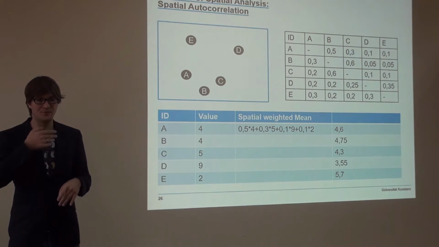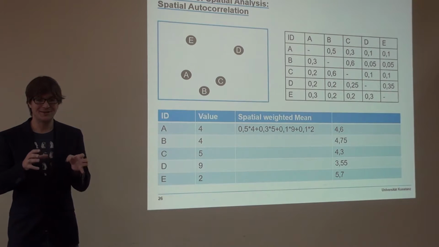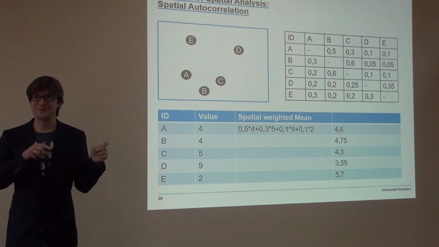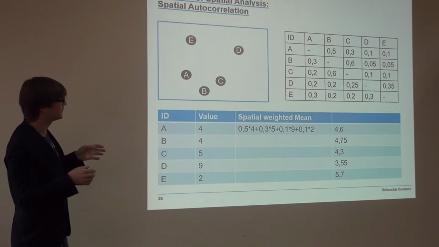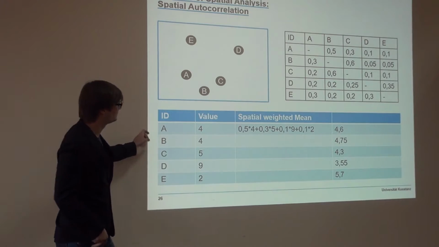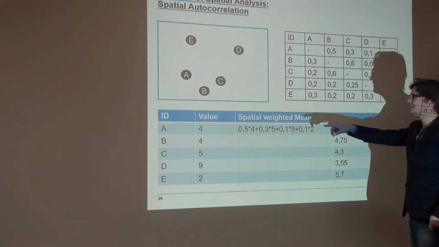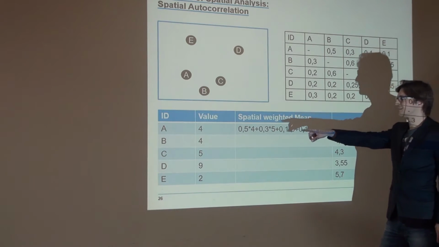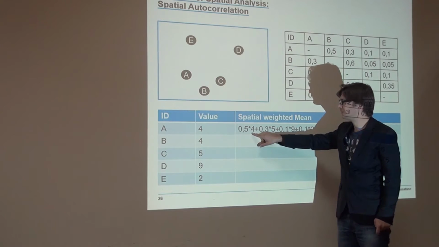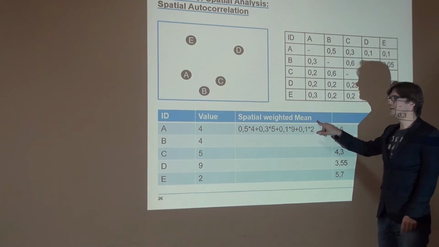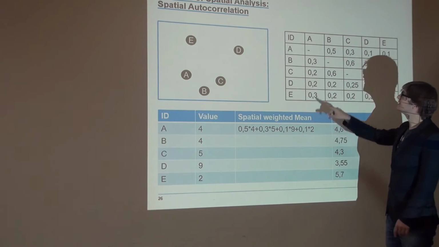For each and every observation, we calculate, based on the spatial weights matrix, the mean of the neighbors. You see where this comes from. Unit A has the value 4, and the spatial weighted mean of the neighbors would be 4.6.